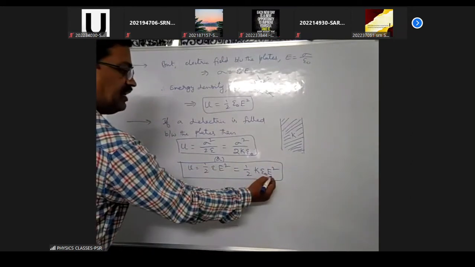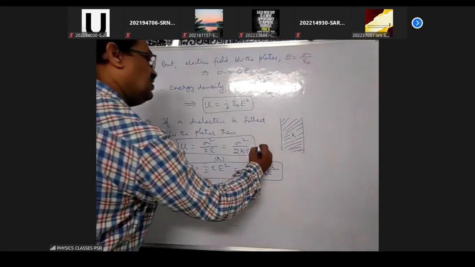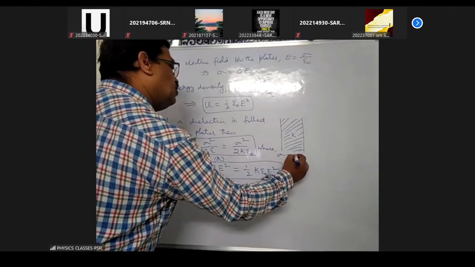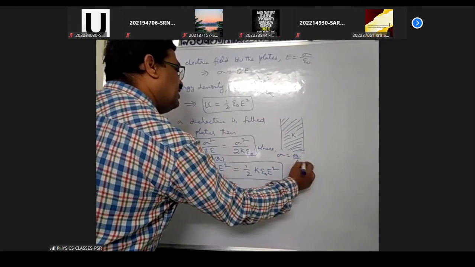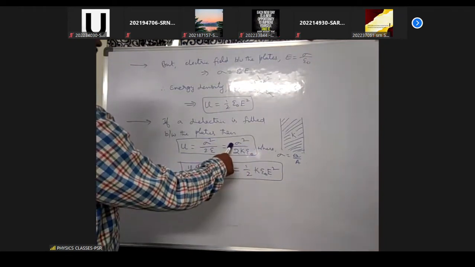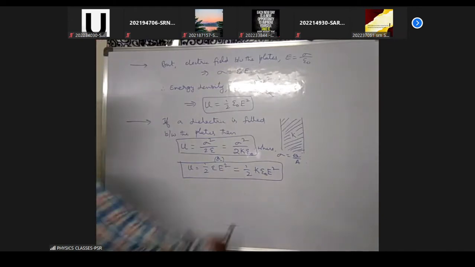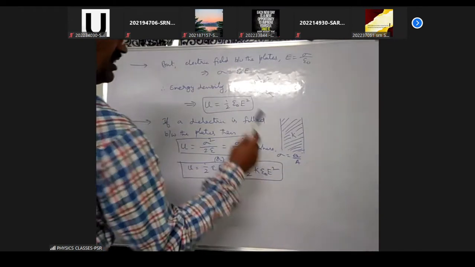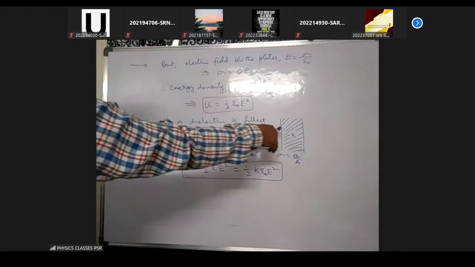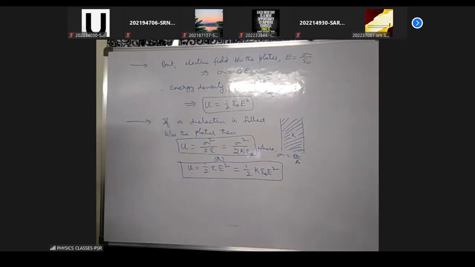This is in terms of electric field E, and this is in terms of surface charge density sigma, where sigma is equal to Q by A. That is important. If charge is given, we use this formula. If the electric field between the plates is given, we use this formula. Here K is the dielectric constant. This one is with air between the plates, and this one is with any dielectric medium between the plates.